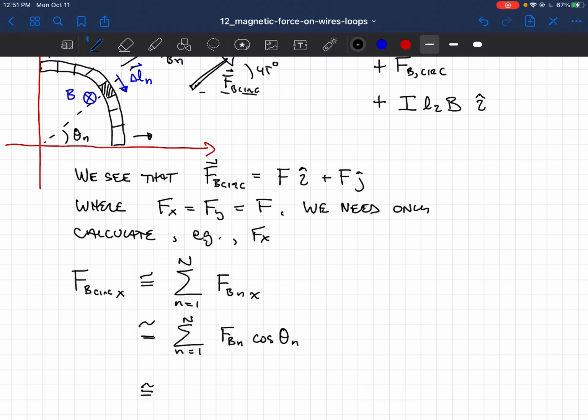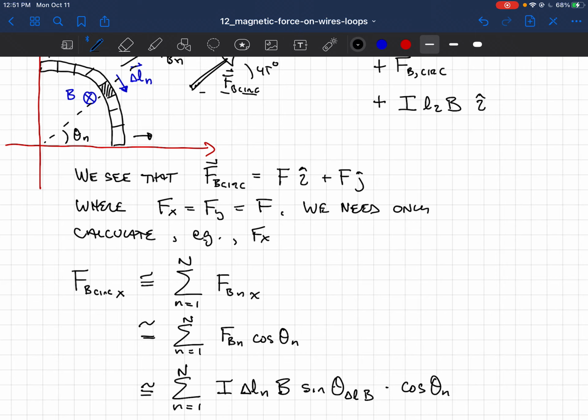Now what is F B n in magnitude? Well, we have an equation for that. It's the equation for a straight wire. So it's going to be I delta L n, B at that position. I could say B n, but it's a uniform field, so it's the same everywhere. And then times sine of the angle between delta L and B. And then we still have the cosine theta n.